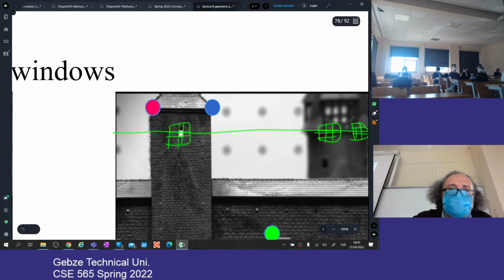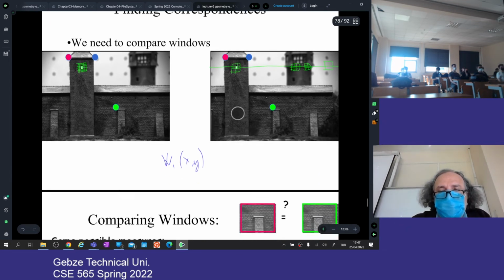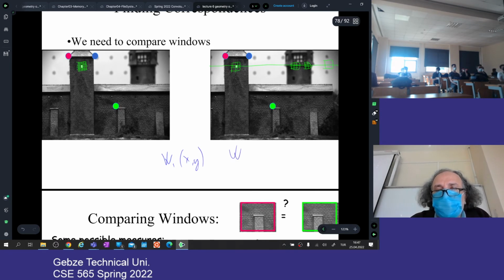So the simplest thing you can do is, let's say this is window left. On my window left, I have X and Y values for each one, and on my window right, I have X and Y values. So what would you do?